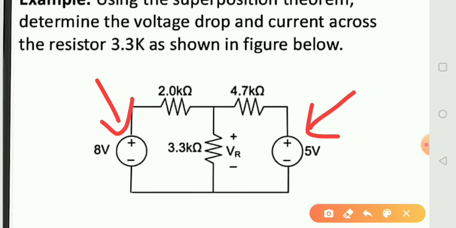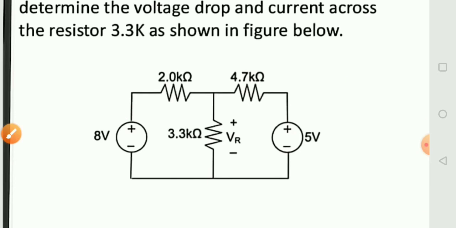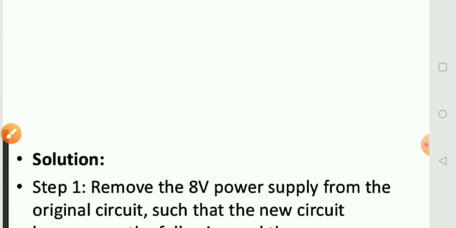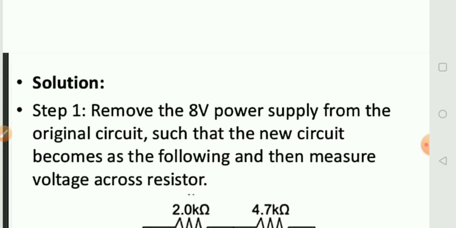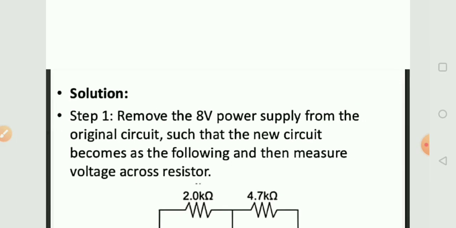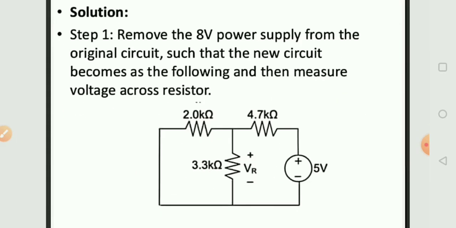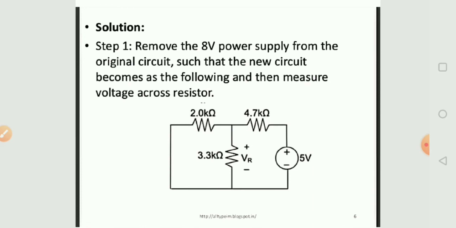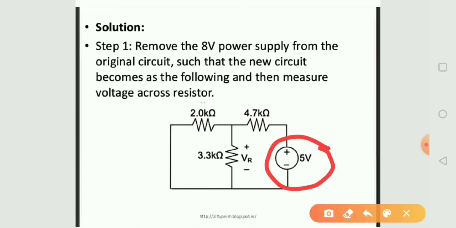So if we consider the 8 volt source, we remove the 5 volt one. If we consider the 5 volt source, then it is necessary to remove the 8 volt source, which means it is short circuited according to the superposition theorem.